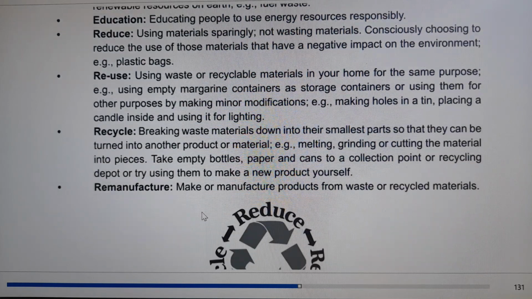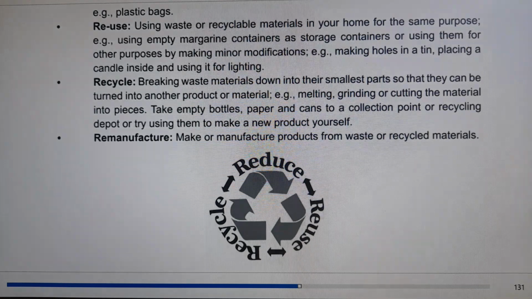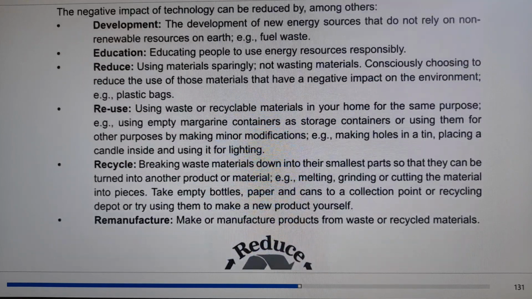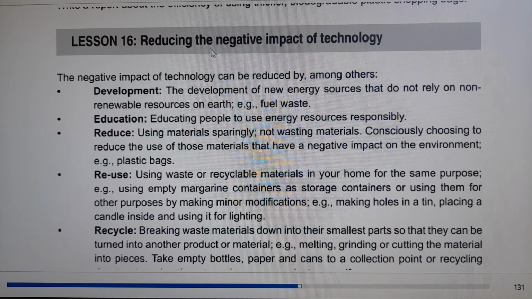Okay, and then remanufacture, make or manufacture products from waste or recycled material. So you see that is our sign for reduce, reuse, and recycle. Okay, this is an environmentally friendly sign to show the 3 strategies that you can use to reduce the negative impact of technology.